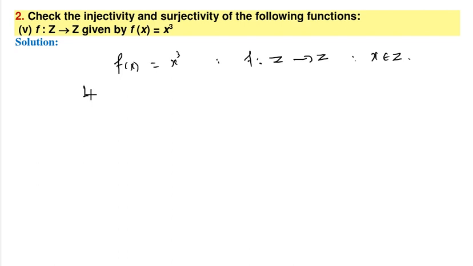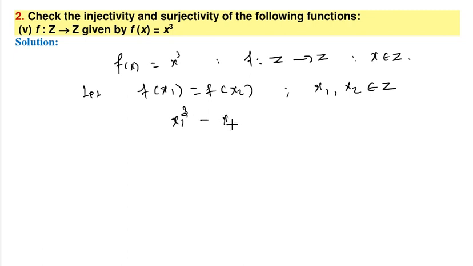Let us start with our assumption. Let f of x1 and f of x2 be equal. Here x1, x2 are integers. They can be positive integers or negative integers. Then according to the mapping, x1 cube and x2 cube, taking both on the same side, x1 cube minus x2 cube is equal to 0.